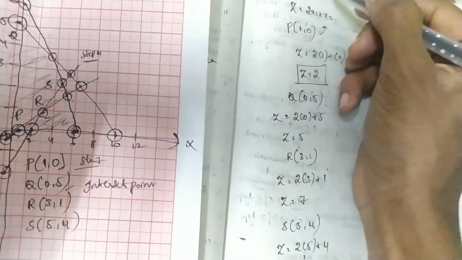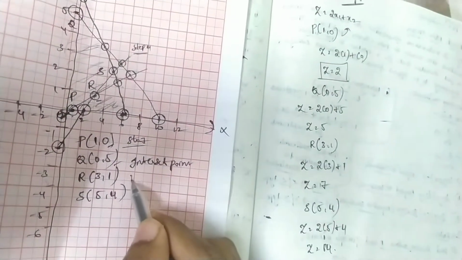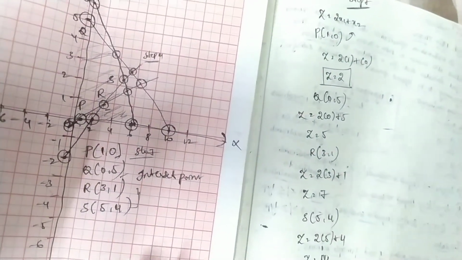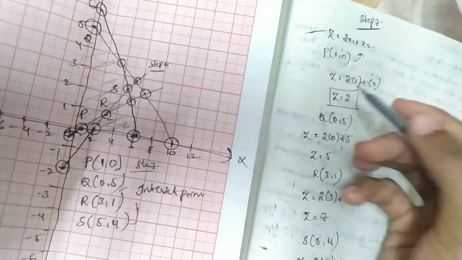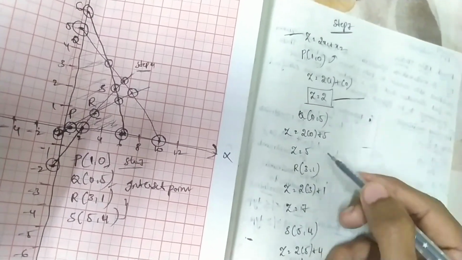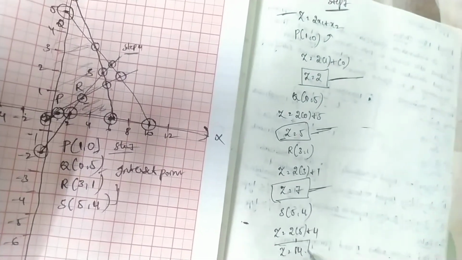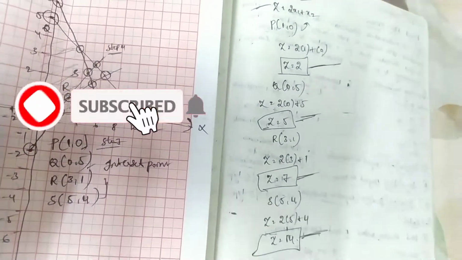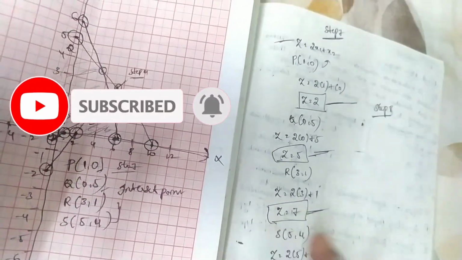This is step 7. These intersect points obtained from the graph we have to substitute in z. These are the z values: z equals 2, z equals 5, z equals 7 and z equals 14. And in step 8 we have to proceed depending on the question.